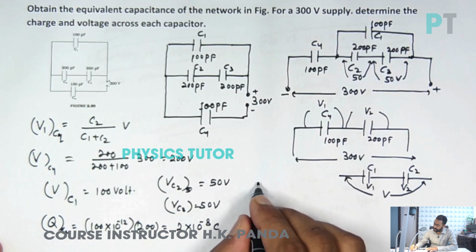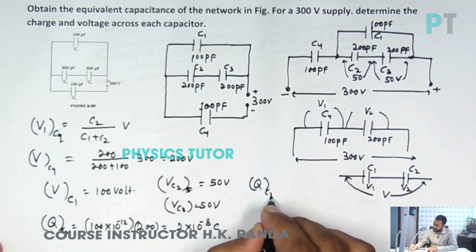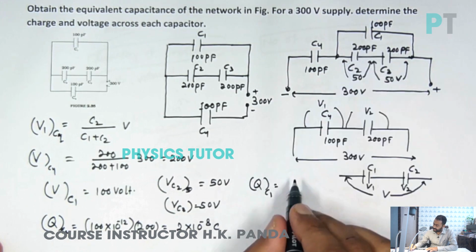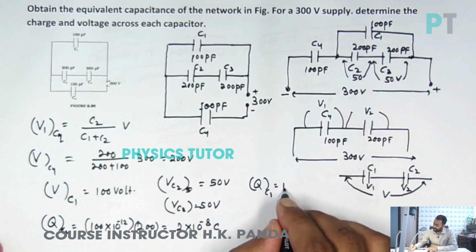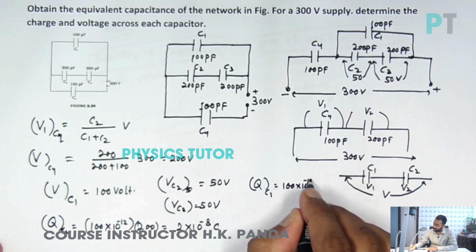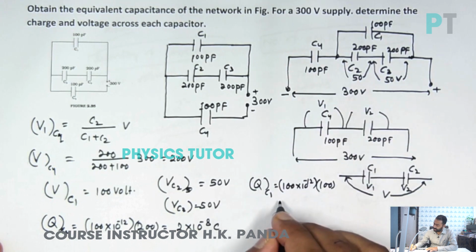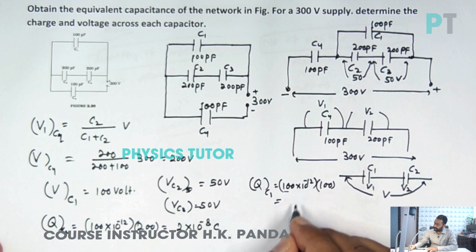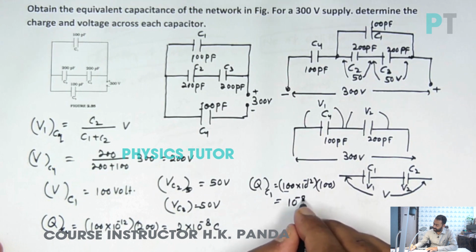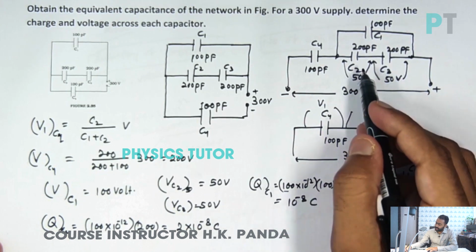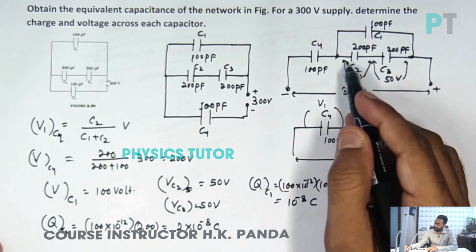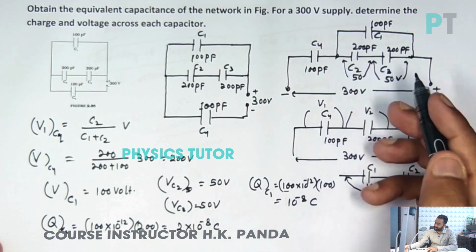We can calculate the charges on C1, C2, C3 respectively. The charge on capacitor C1 will again be CV. The capacity is 100 picofarad, that is 100 into 10 to the power minus 12, and the voltage is 100, so this will be 10 to the power minus 8 coulomb. C2 and C3 will have the same charge as they are in series connection.